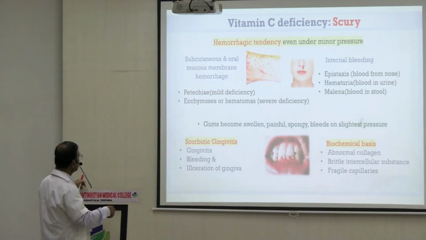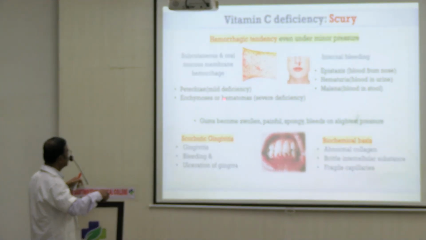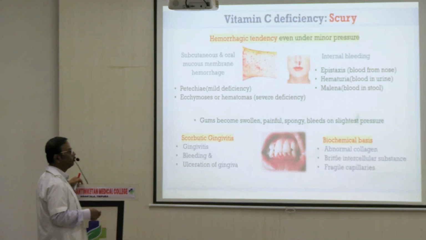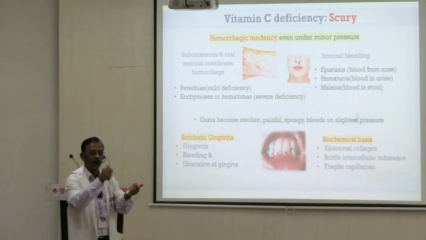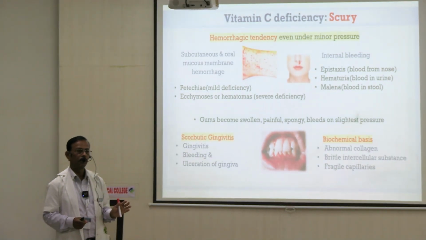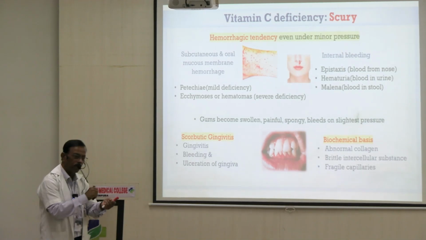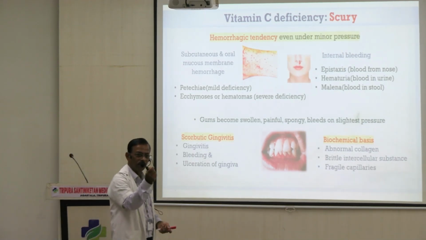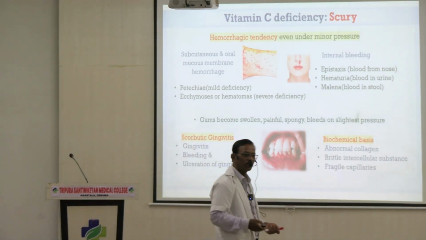There will be petechial hemorrhage, ecchymosis and hematoma. Petechial hemorrhage means small pinhead-like red spots due to bleeding. Now, if a mosquito bites and there is a red spot, that is not petechial hemorrhage.